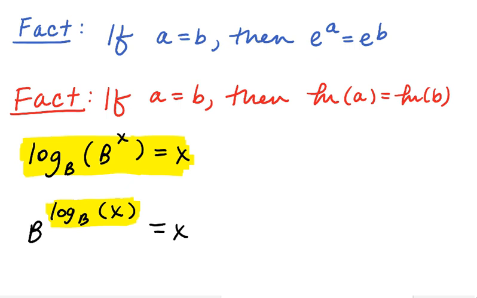Well, I'm going to put that special exponent on b, and I'm going to get x. That's basically what it's saying. And this is the technique that we're going to use to solve all of these equations.